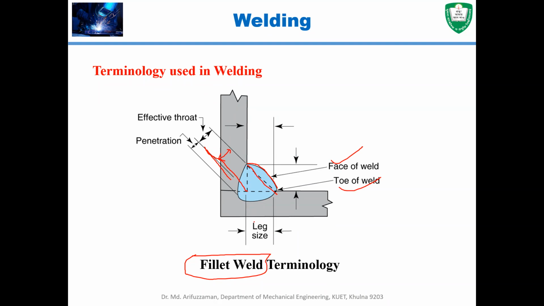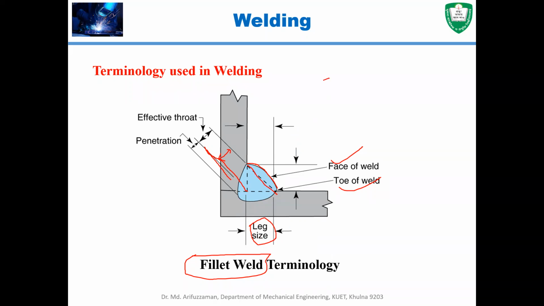And the most important thing in the case of fillet weld is the leg size, because how much welding you need to conduct will be defined as the leg size. For example, in an industry, if you are asked to conduct a fillet welding, then you will be given a parameter like the leg size.